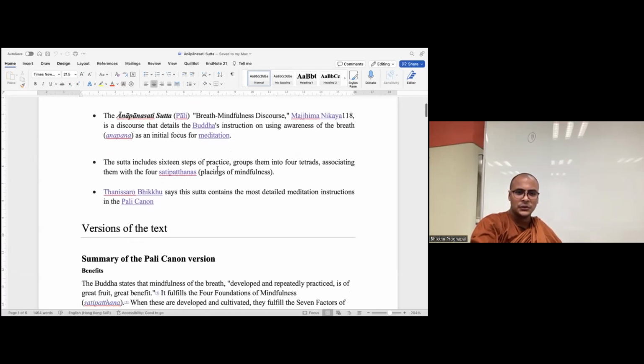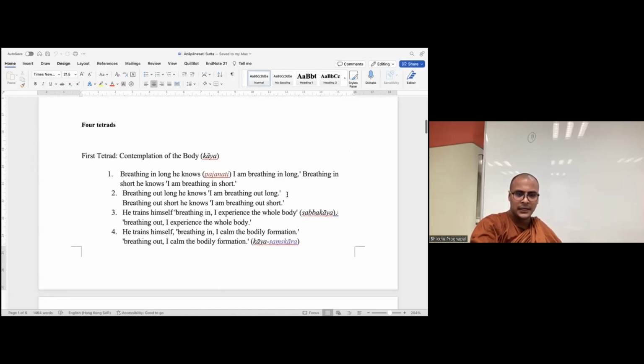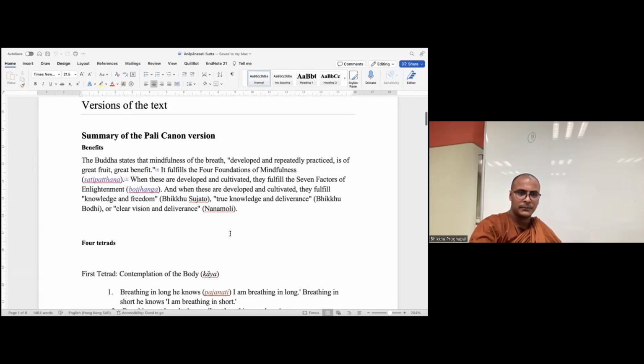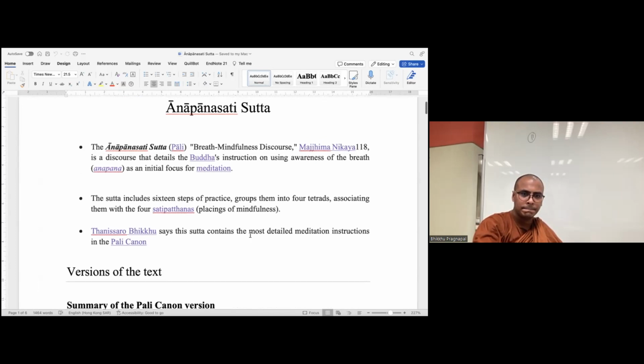Here, the Anapanasati Sutta, I think you already know what it is about. It's about the breathing. This is the important point: the Anapanasati Sutta, or breathing meditation discourse, which comes from the Majjhima Nikaya, is about using awareness of the breath as the initial focus for meditation.